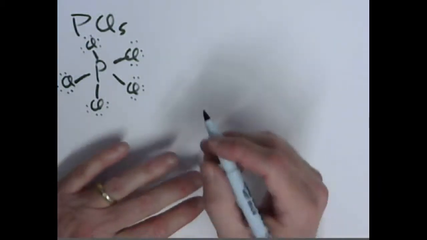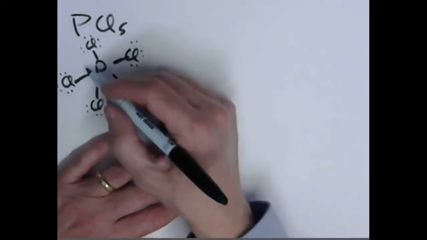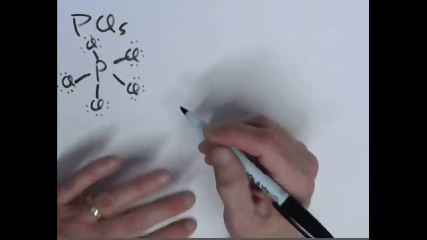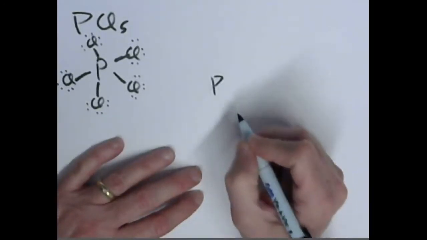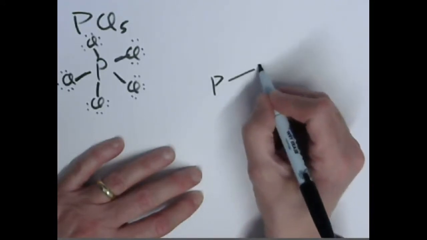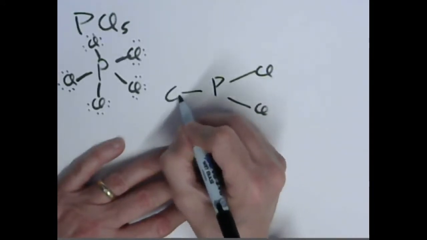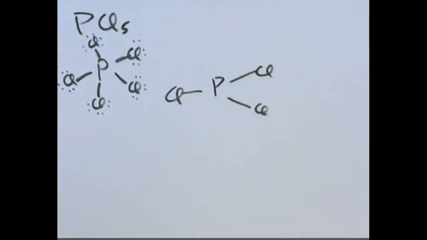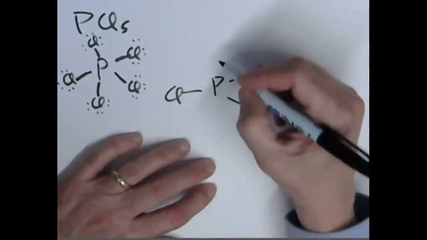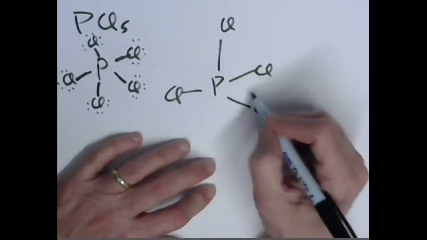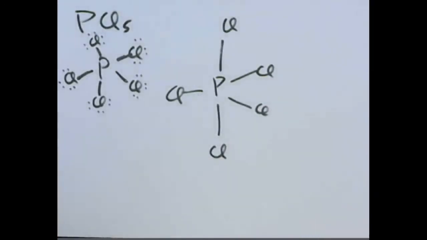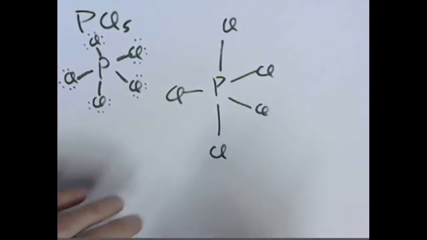And so I want to redraw this slightly in that these atoms are not all in the same plane. It's not a two-dimensional molecule. It actually fills up 3 dimensions. So I'm going to have my phosphorus in the middle. And I want to construct this so that if we were to think of the phosphorus as being a globe, there would be 3 chlorines on the equator, and 2 chlorines at the poles or along the axis.